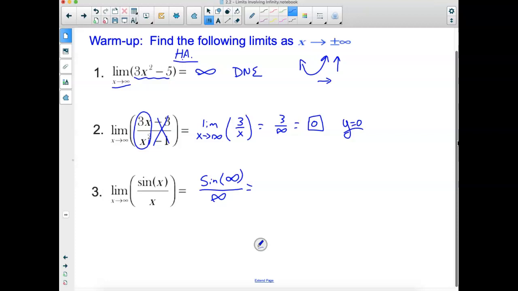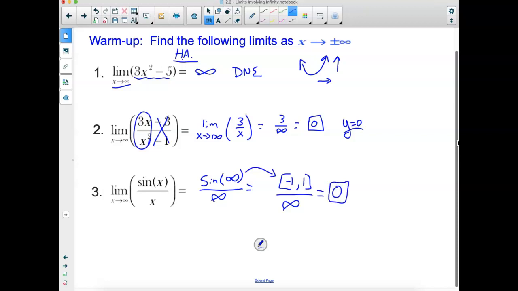So what I do know is this numerator is always unconditionally going to be poking out numbers between -1 and 1, because that's what the sine bounces between over infinity. Well, any number between -1 to 1 divided by infinity, something divided by very big gets me very small.